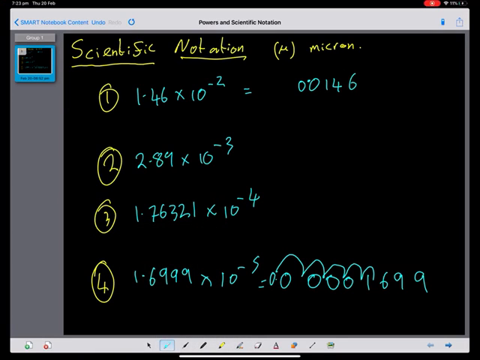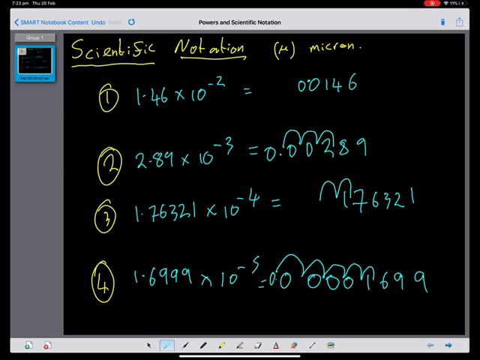Okay, so hopefully you've done the ones in the middle. So let's write the number down. We've got 2, 8, 9, and it jumps 1, 2, 3. Let's do 1, 7, 6, 3, 2, 1. Jumps 4 spaces. 1, 2, 3, 4.